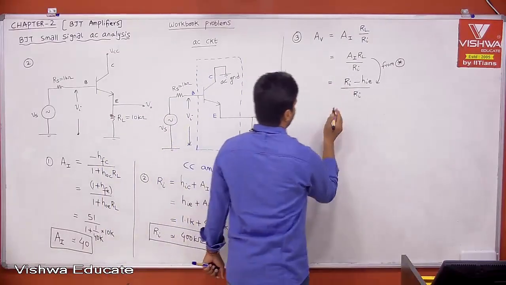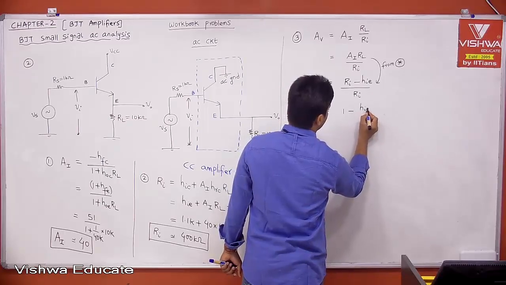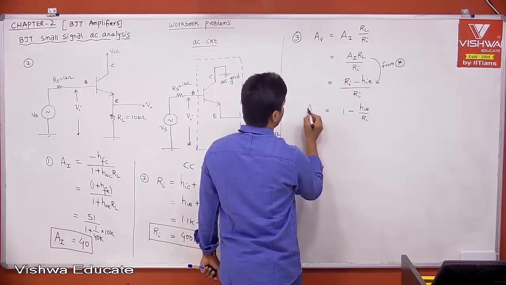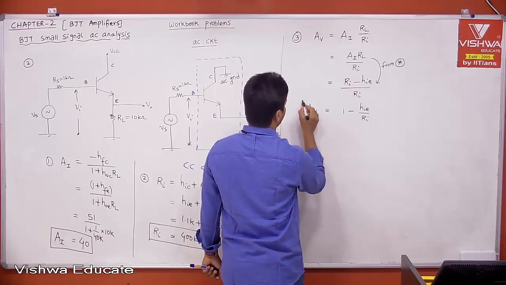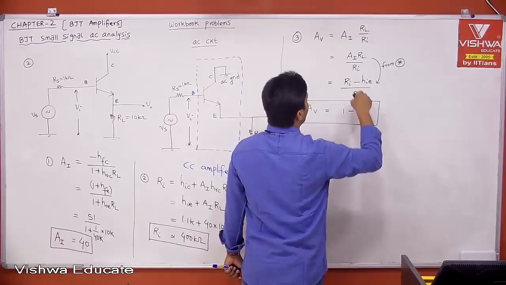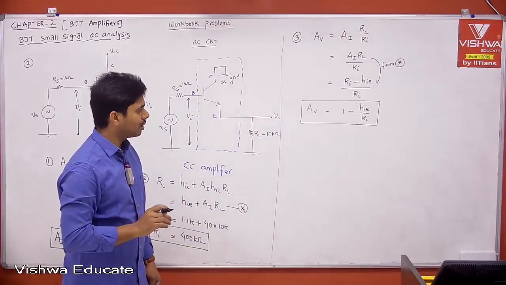Now Ri by Ri is 1, minus HIE divided by Ri. This you can take as a formula. Now you can substitute. Even if you substitute now or earlier, both will give you the answer. Don't bother.